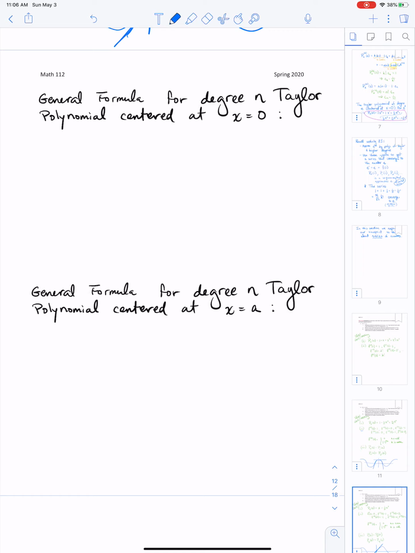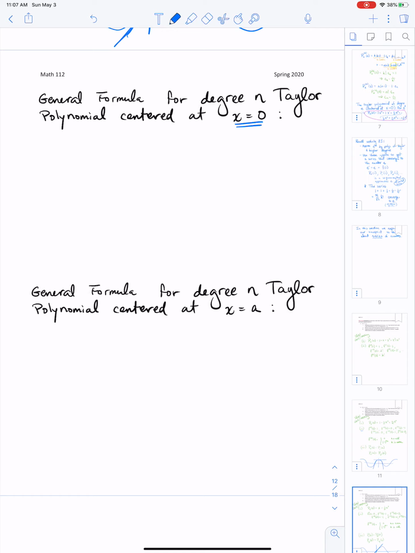Let me just look up really quickly the page or the reference in your book where you can match up this formula. So this is going to be essentially close to where it's right before example 8.5.1, but I'm going to go ahead and do this centered at x equals 0.